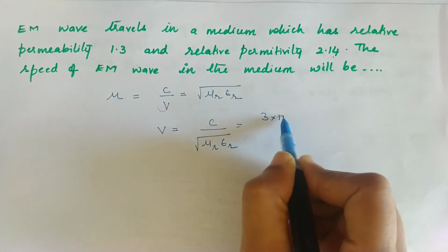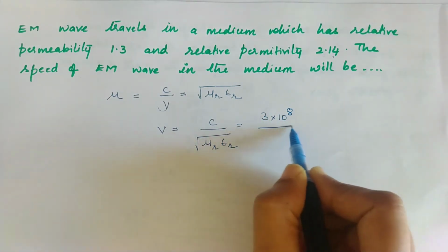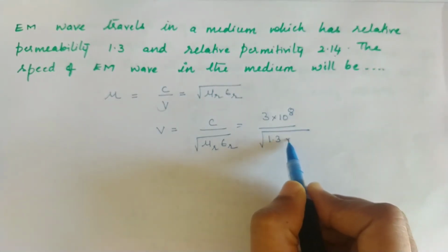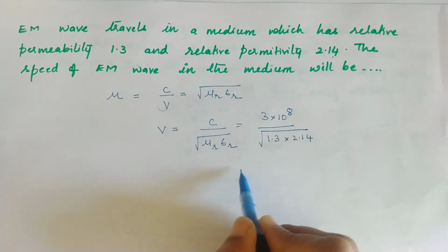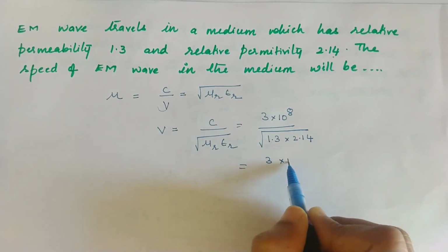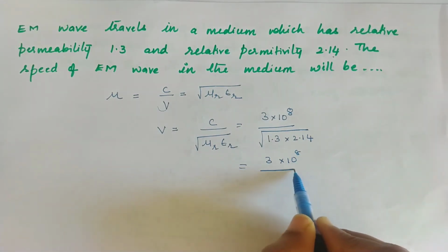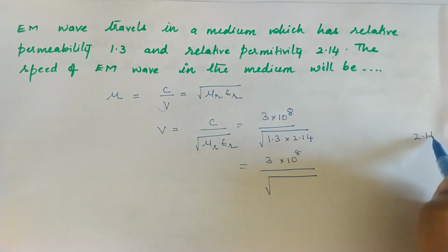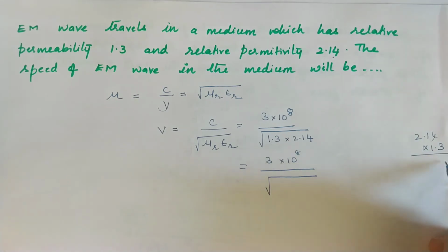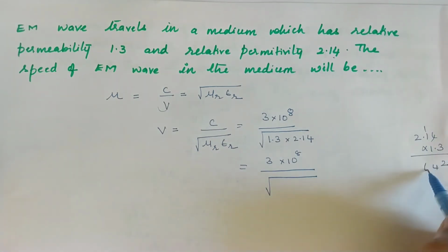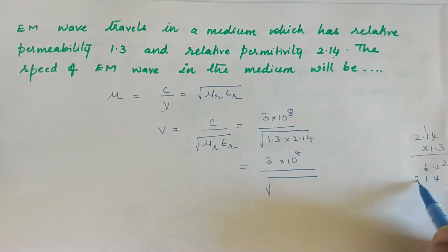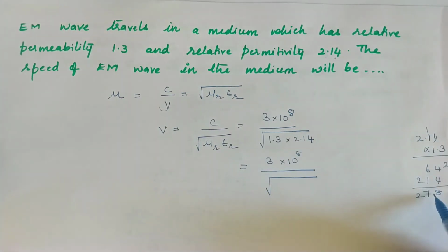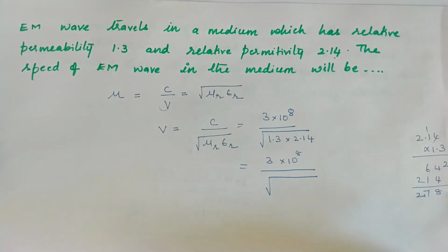C is 3 into 10 to the power 8 divided by square root of relative permeability 1.3 into 2.14, that is 3 into 10 to the power 8. Multiply 2.14 into 1.3. Move the decimal 3 places.